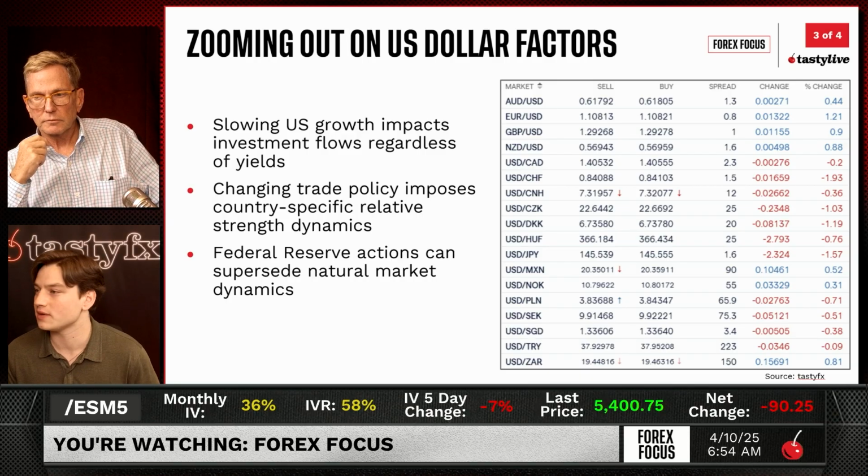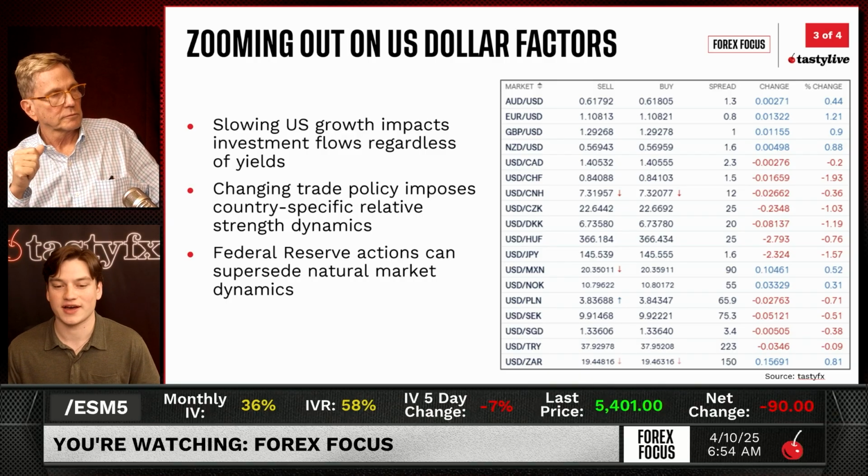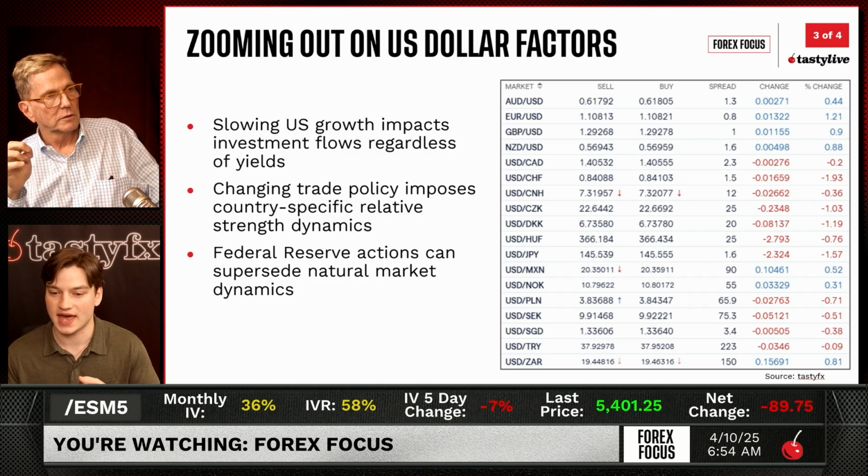But then you have this trade policy wrinkle where, one, that leads to a lot of country-specific relative strength dynamics, like we saw earlier this year with USD CAD. Right. I mean, that has nothing to do with overall dollar strength, because it's just two countries jockeying back and forth on trade, who's going to come out on top.